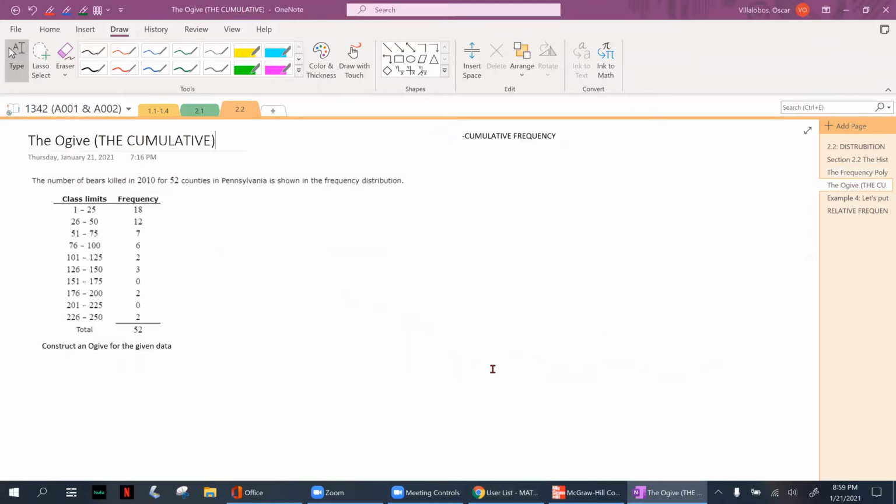which is going to be the Ogive graph. The Ogive graph is a graph that represents the cumulative frequencies for the classes in a frequency distribution. So that already tells me a lot.